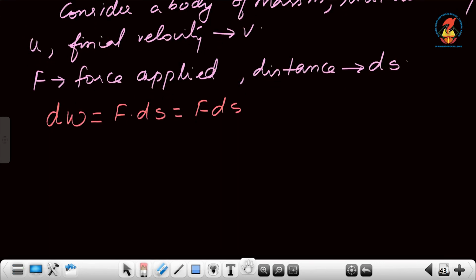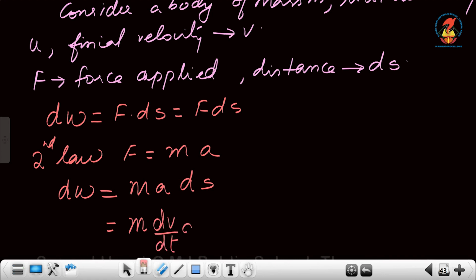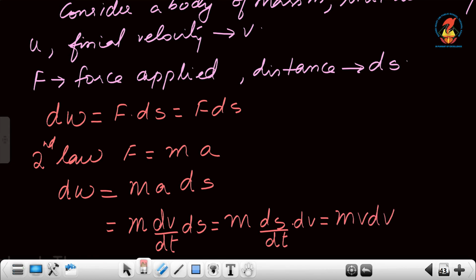By applying Newton's second law, F is equal to ma, we get dW is equal to ma ds, which is m of a dv by dt into ds, which is equal to what? m ds by dt into dv, which is m v dv. Okay, so we found out the small amount of work done by the force in displacing it through distance ds. And what is the next step? Total work done.